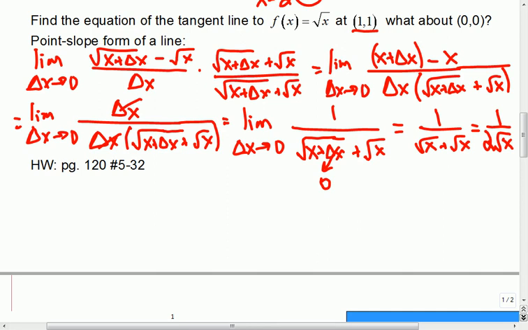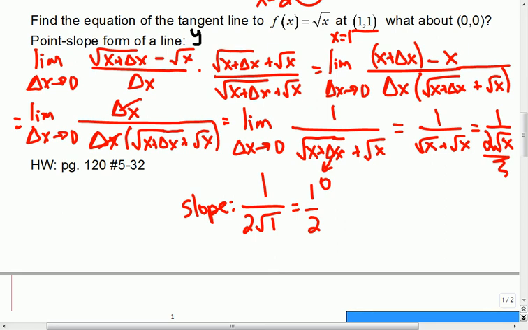The one that we're interested in is at the point 1, 1. Okay, so x equals 1 here. So if I wanted to know the slope of this line, the slope is going to be, using the derivative here, 1 over 2 root x, which is 1/2. So now I know the slope. If you've forgotten the point-slope form of a line, that's the way to do this.